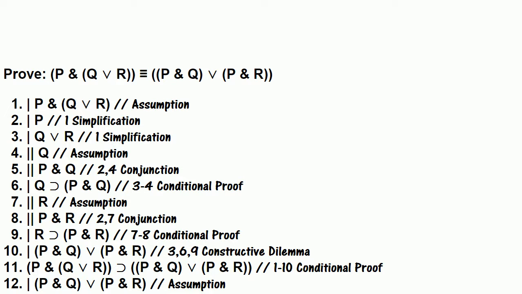Well, what we want to prove is a conjunction, and we can prove a conjunction by proving each of the conjuncts of that conjunction. Now let's start with Q or R.